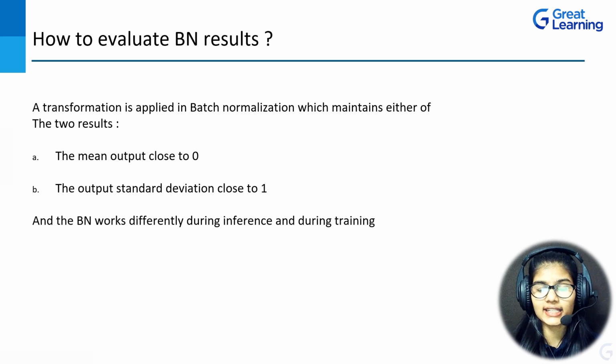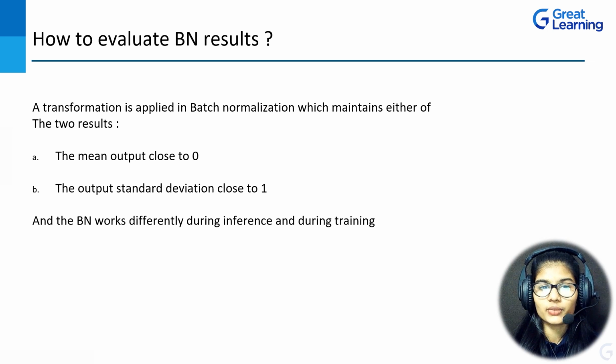Inference, I would again repeat, is a process for the training of the model to make the predictions against the previously unseen data. So, how are the BN results evaluated? How does batch normalization work? It's completely related to that particular thing. The mean output will be close to 0 and the output standard deviation is close to 1.